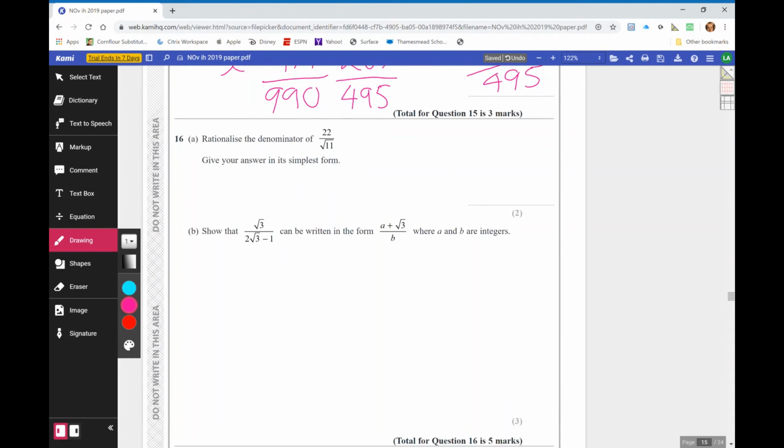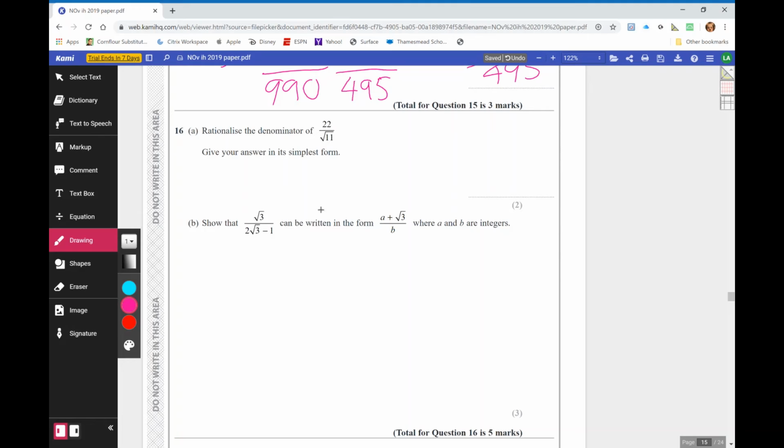Okay, rationalise the denominator. That basically means get rid of this root on the bottom. You can times it by basically the same root over itself, which, similar to when you're doing algebraic fractions, is just timesing it by 1. So it doesn't change the value, but it moves things.